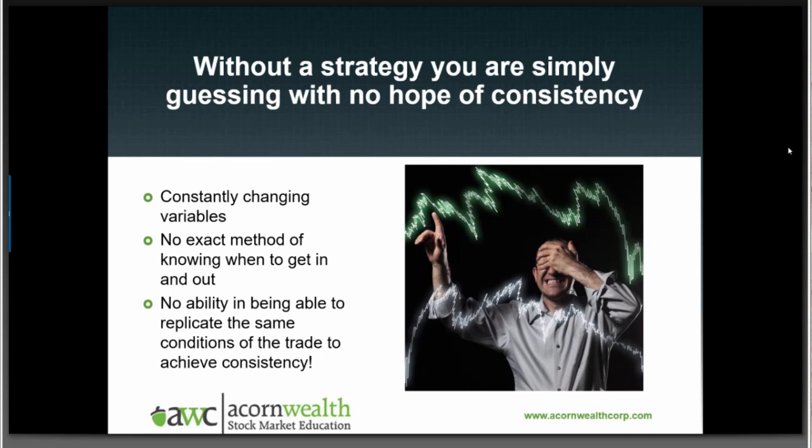And it reduces your exposure to stocks that all have the same variables, and that's how you get consistent results. You're looking for the same trade again and again and again, as boring as that might sound, but that's what you want.